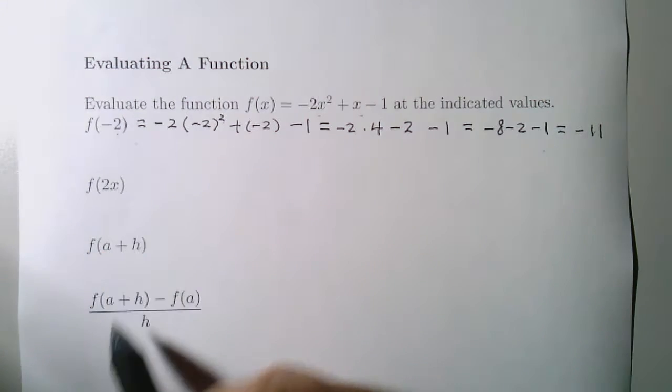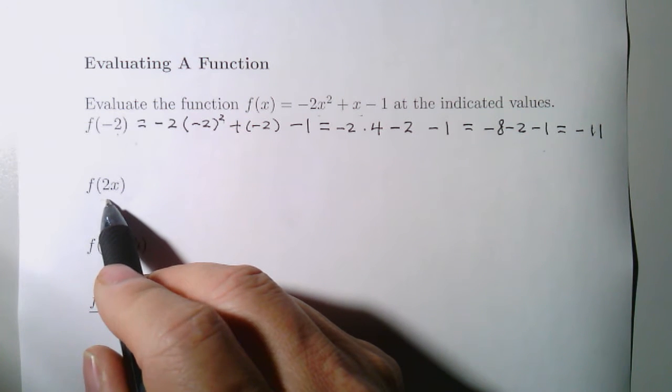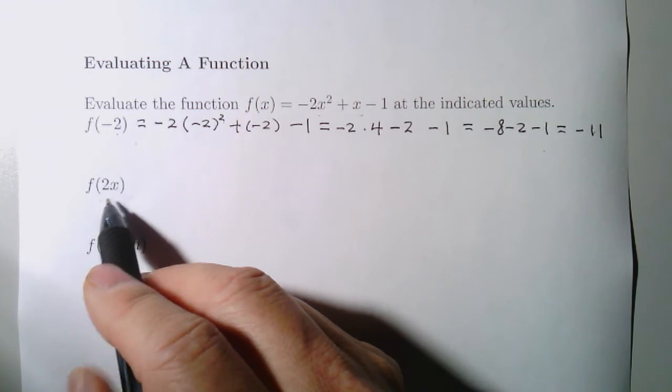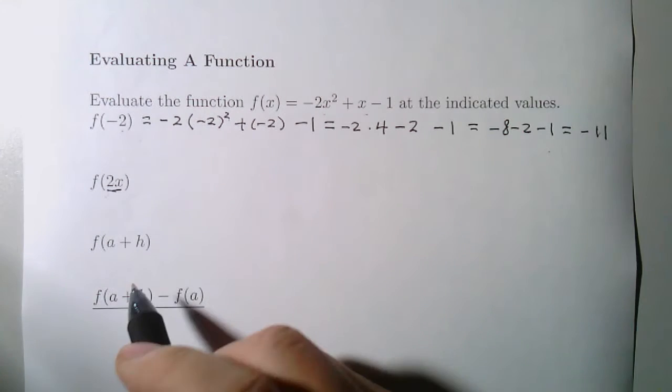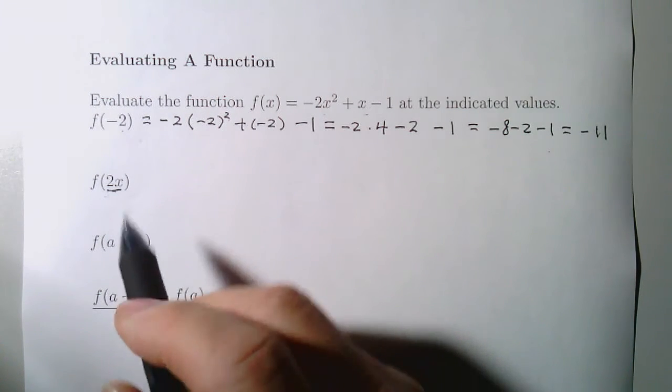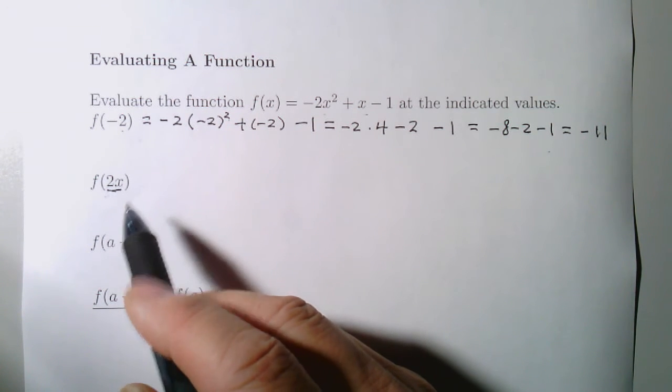Okay, so that's what we have here. But sometimes we may want to evaluate a function at 2x, a specific variable. It's not a specific number, but involves a variable. There's no problem.